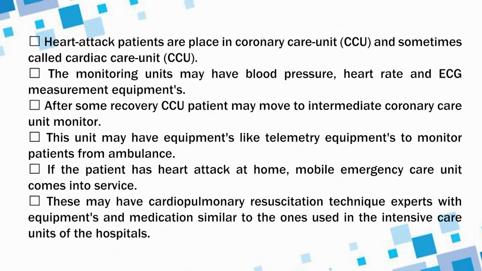This unit may have equipments like telemetry equipments to monitor patients from ambulance. If the patient has heart attack at home, mobile emergency care unit comes into service. This may have cardiopulmonary resuscitation technique experts with equipments and medication similar to the ones used in the intensive care units of the hospitals.